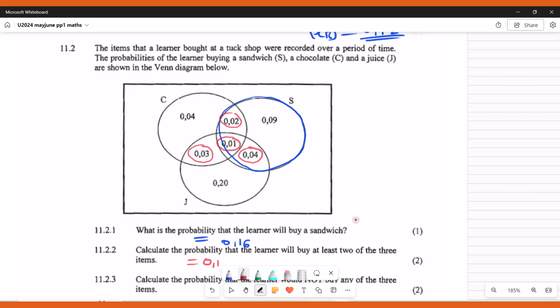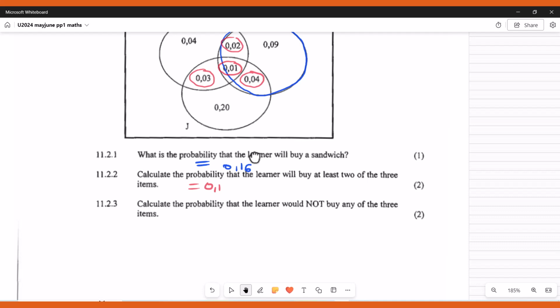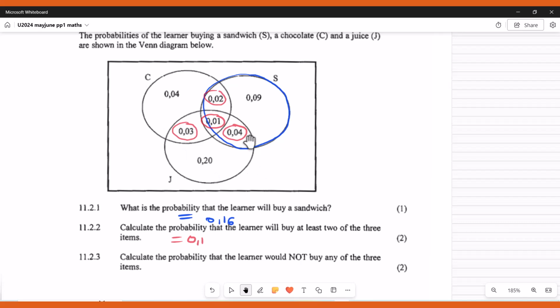Next, they say we should now find the probability that Elena would not buy any of the 3 items. If you don't buy any of the 3, it means you're outside the circle. So we're going to say 1 minus the total probability, because you're not in the circle. You add everything in there and subtract from 1.